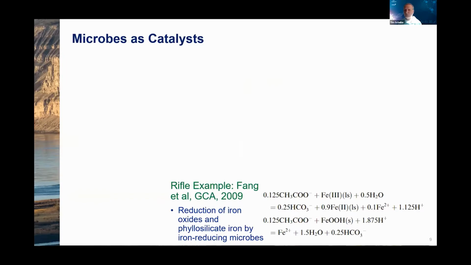Another example from the Rifle site, and actually most of the Rifle models do consider biomass explicitly, but I found one small example here from a paper by Yabusaki and Fang et al., where basically they looked at the reduction of iron in phyllosilicates and clay minerals in the top equation. This is the stoichiometry, and in the bottom equation, iron oxides by iron reducing microbes.